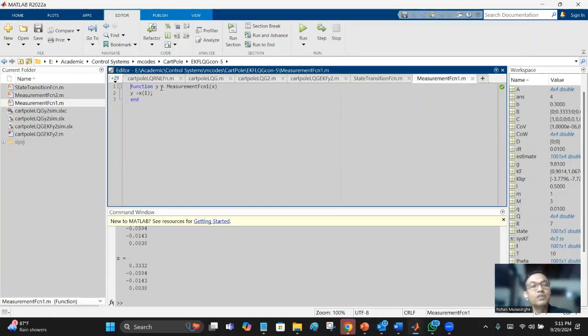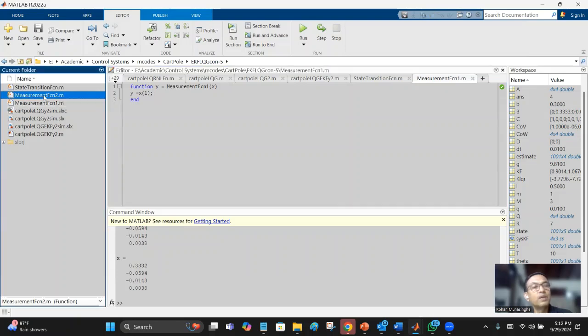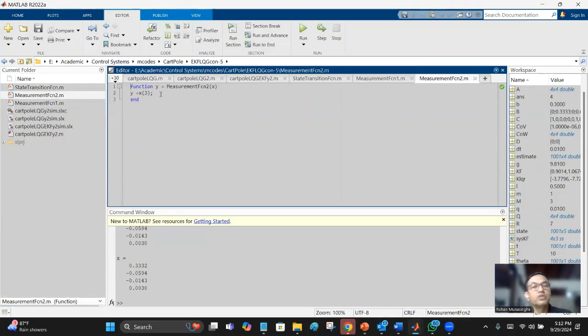The first one is the function, that is y output, and then n. In between is just one line, y is equal to x1. x1 means the first state variable, that is the position of the car. You are telling it that you are measuring the first state variable, only that. And then what about the other one? Measurement function 2: y is equal to x3. That is the third state variable, that is angle. Just that.